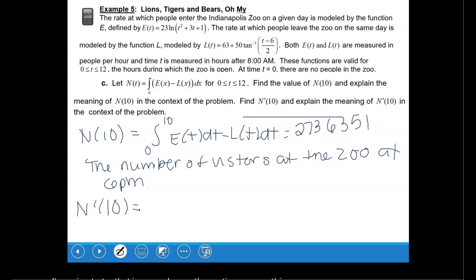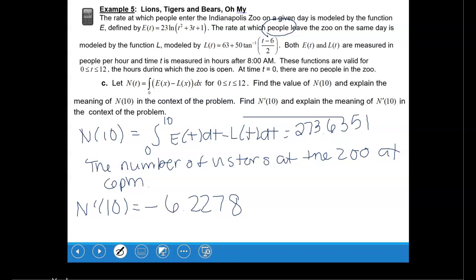Your integral inside had to be x. What would the units on that be? So the derivative of N becomes the originals minus each other, right? So the originals are defined as people per hour.